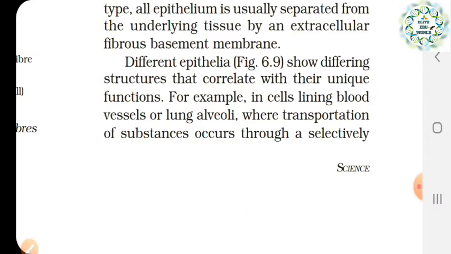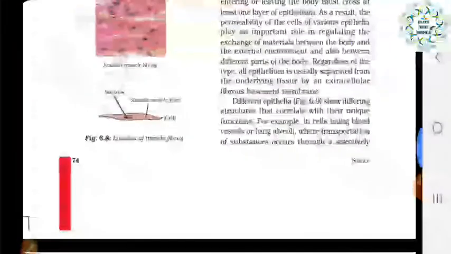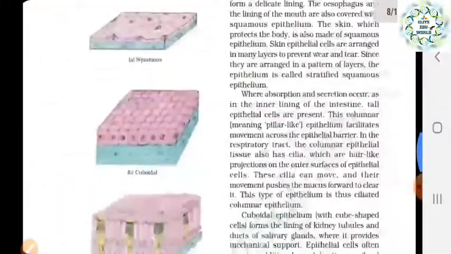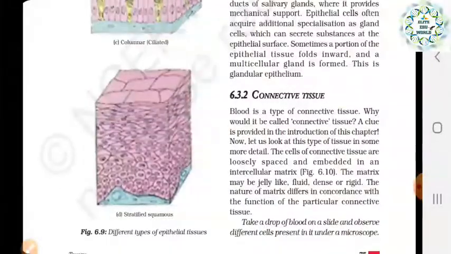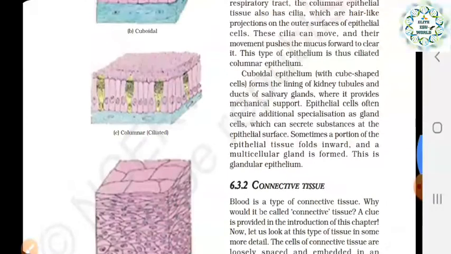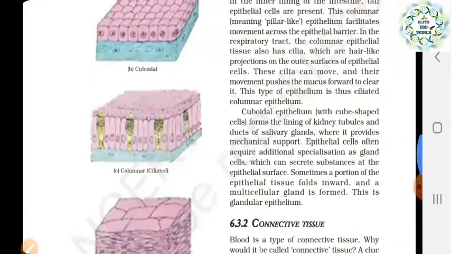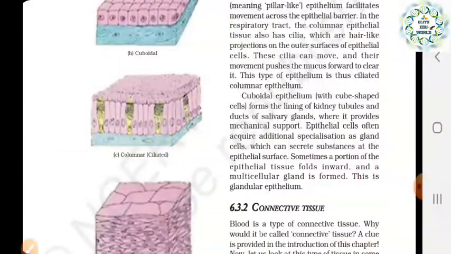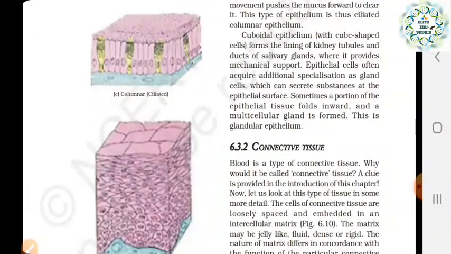Now the different epithelia, we can see in figure 6.9. The figure shows squamous and cuboidal, and below the cuboidal there is columnar ciliated.